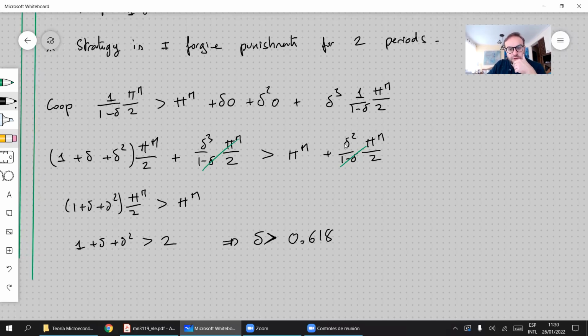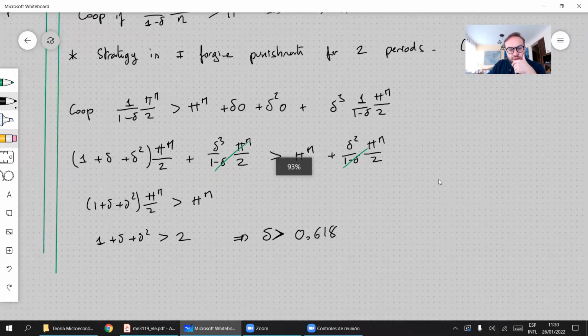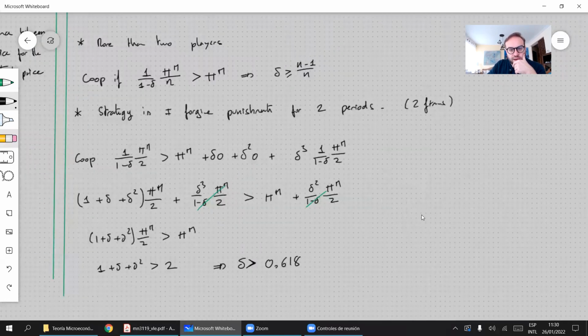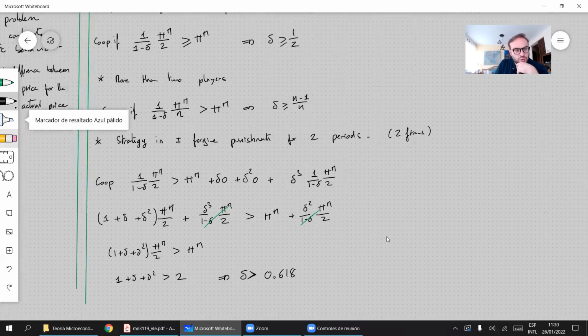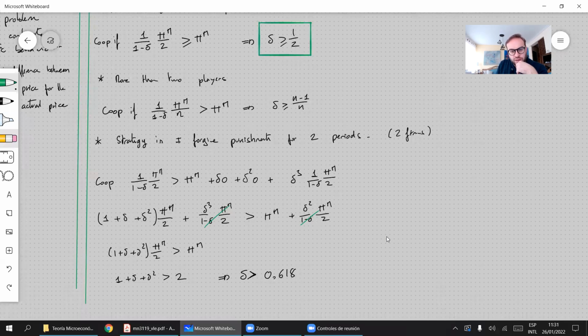And why is this important? Because it tells me that if I want to maintain cooperation, when I had the trigger strategy, I needed a discount factor of 1/2. If I have forgiveness, I will need a discount factor larger than 0.618, which is obviously larger than 1/2.